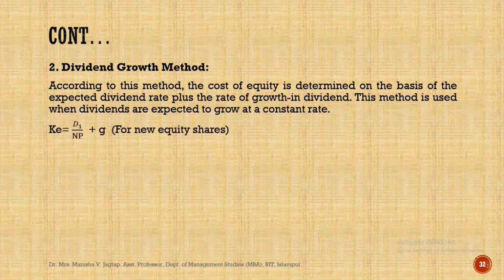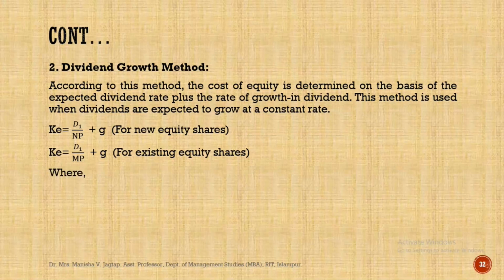So for that purpose, this is the formula used for calculating cost of equity. You can see here D1 divided by NP plus G, and this is for new equity shares, while in case of existing equity shares, there is a change in the formula. Instead of NP, we are writing MP, that is market price.